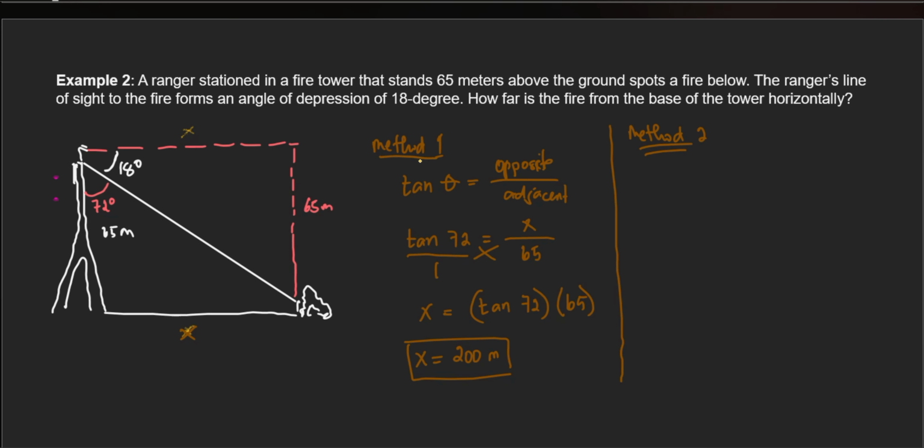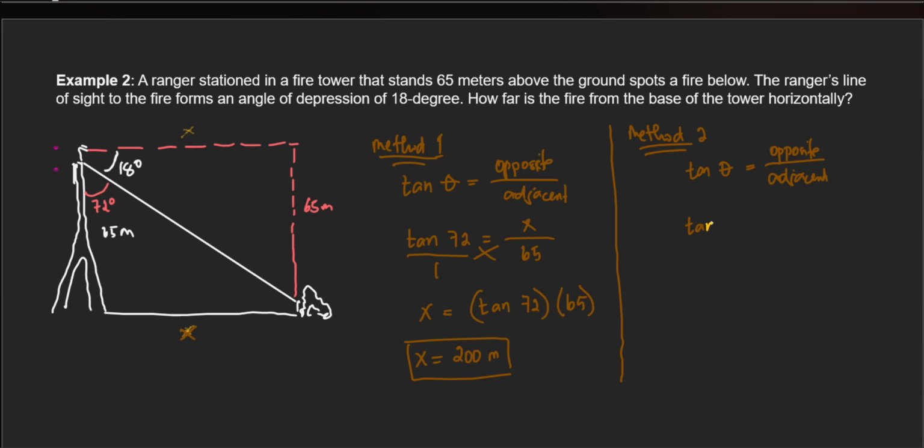Since the theta or angle we used earlier is 72, let's try to use the other value, which is 18. Same formula: tangent theta equals opposite over adjacent.